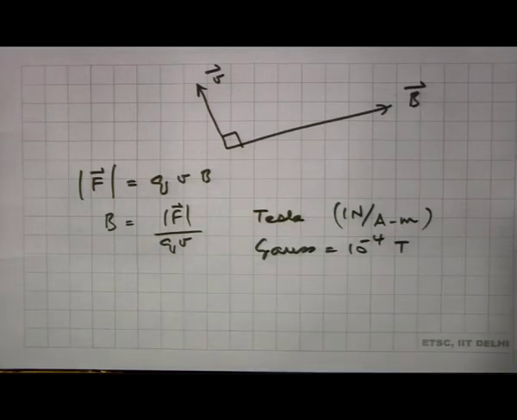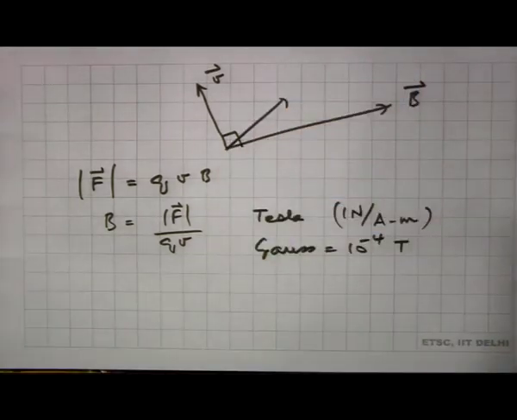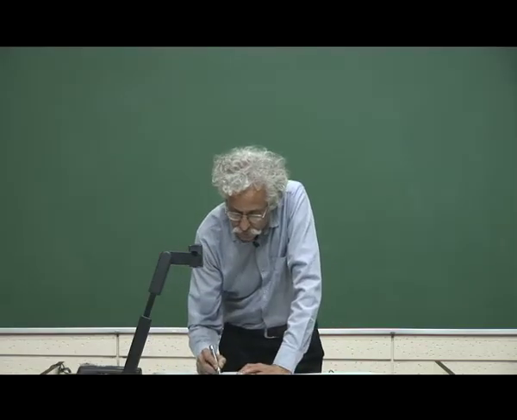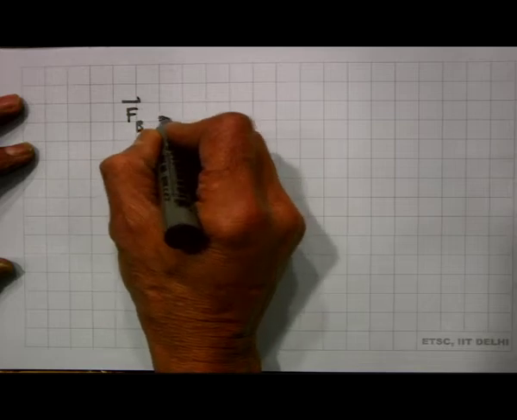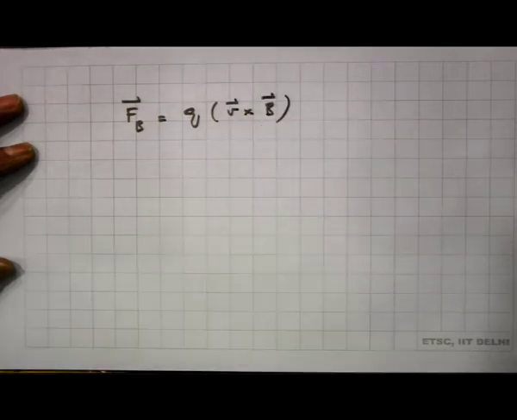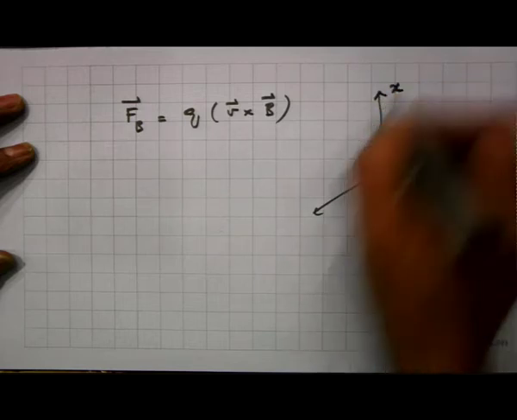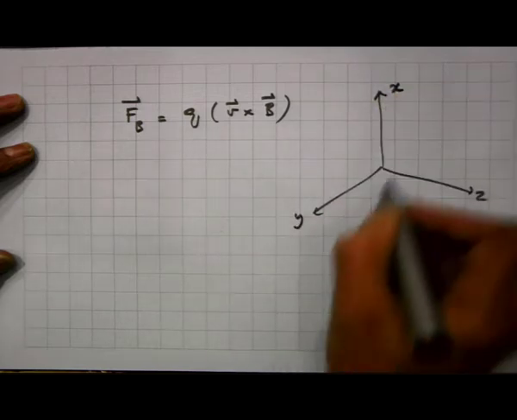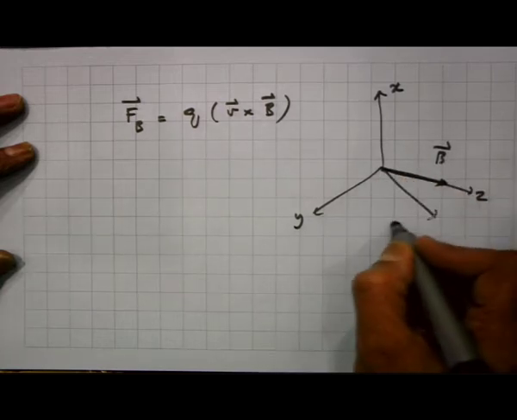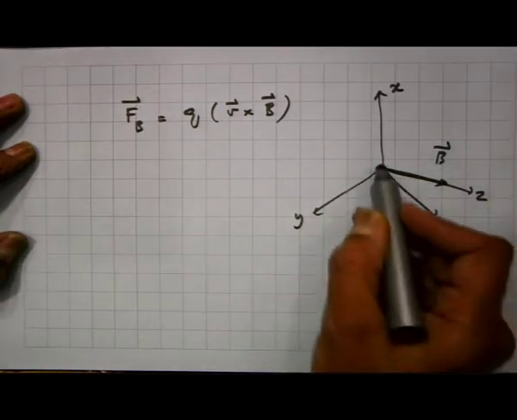So, this is the force acting on the charge. If the charge moves in different directions, the force changes, and we find that the magnetic force can be represented by a vector relationship: F_B equals q times v cross B. If I have a coordinate system with x, y and z, suppose I have a magnetic field oriented like this, and a positive charge with velocity in this direction.